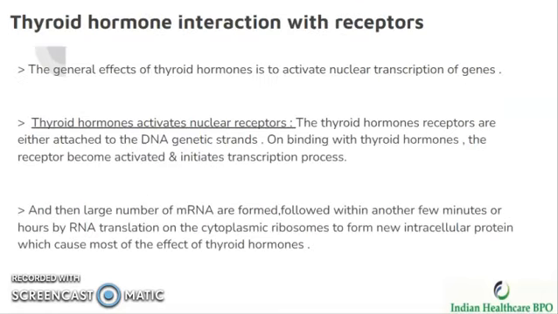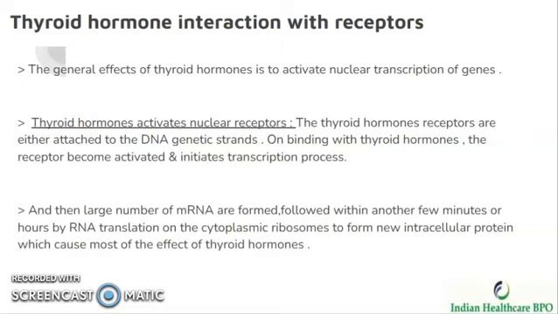Talking about the thyroid hormone interaction with receptor, the general effect of thyroid hormone is to activate nuclear transcription of genes. The thyroid hormone activates nuclear receptors. The thyroid hormone receptors are attached to DNA genetic strands. On binding with the thyroid hormones, the receptor becomes activated and initiates the transcription process.